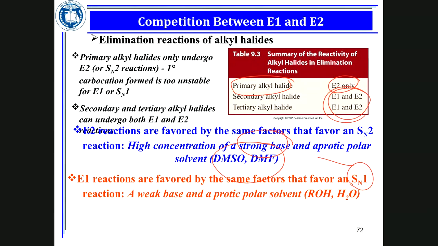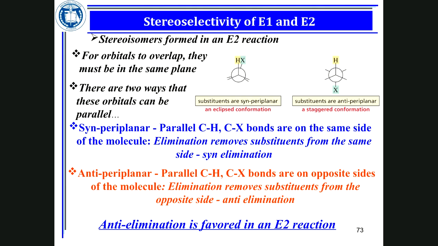So E1, SN1, E2, SN2, in terms of the solvent, they are very similar. So the solvent effect for E1 is the same as SN1. Solvent effect for E2 is the same as SN2. So if you know the factors for SN2 and SN1, they are very similar to E1 and E2.